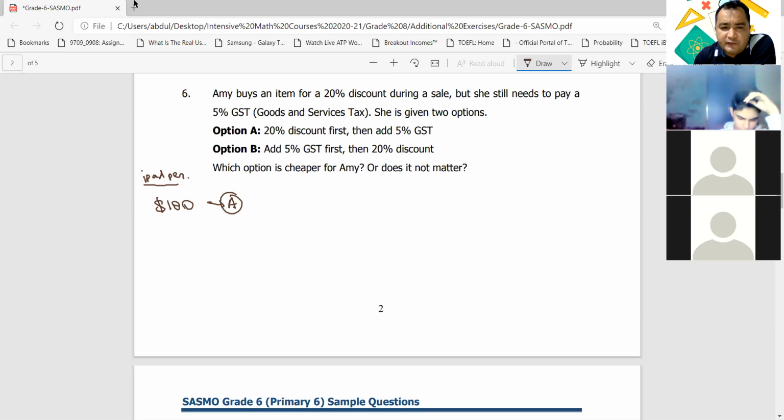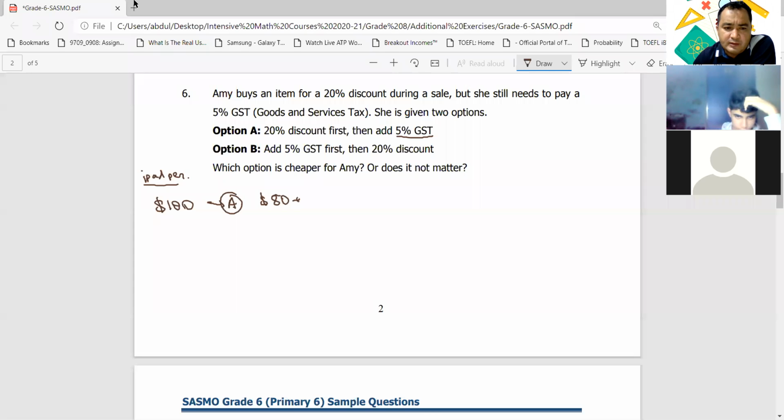No, actually here they have not 20% discount. Now the item price is $80, right? Then 5% GST on what? On $100, the market price, or the discounted price? That's what it's about, teacher. That's why one is before and one is after.